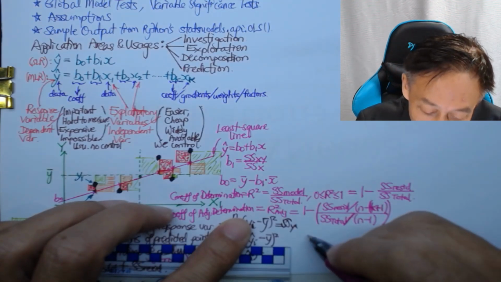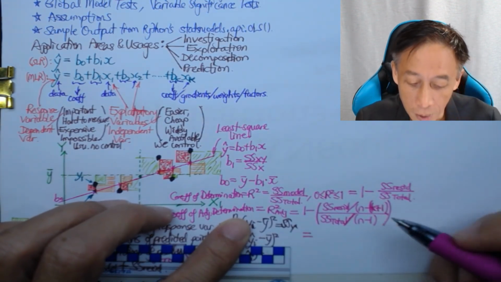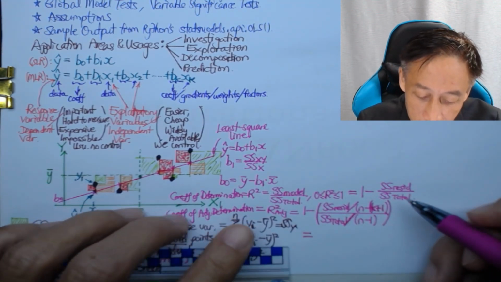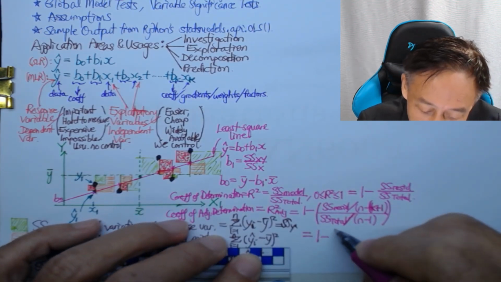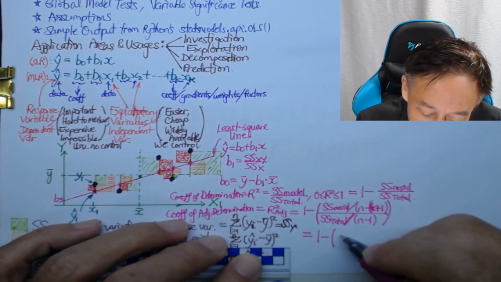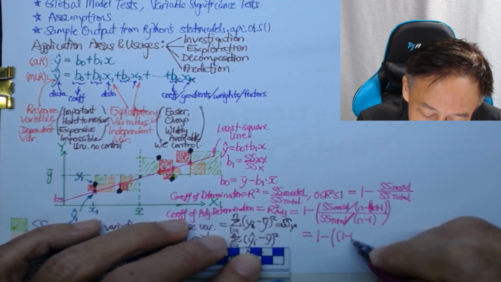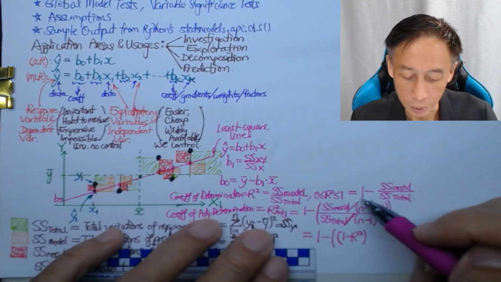So we can similarly say that this is 1 minus bracket 1 minus r squared, because this is obtained from here, right?